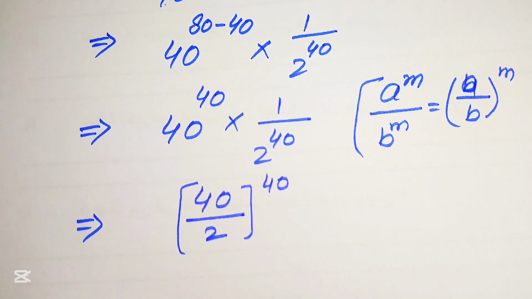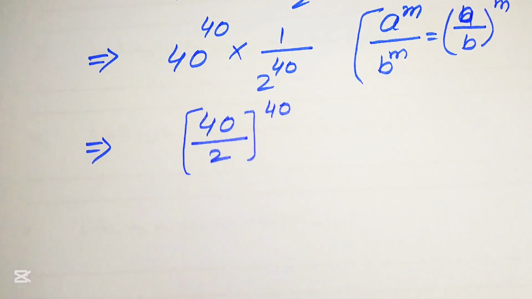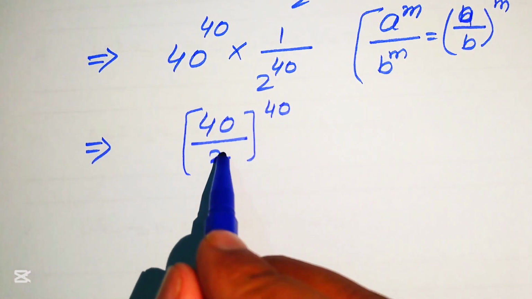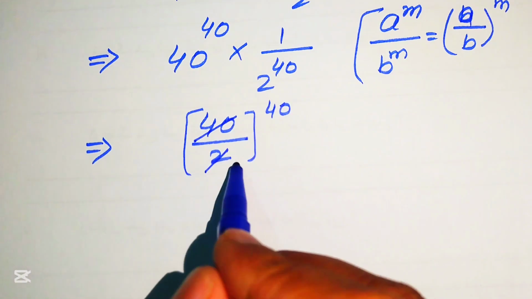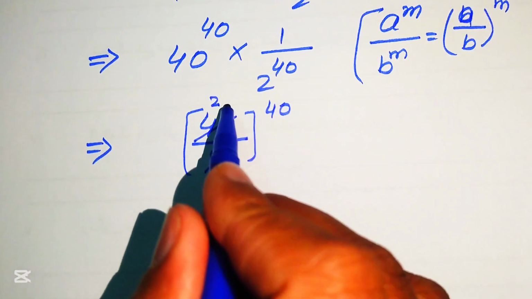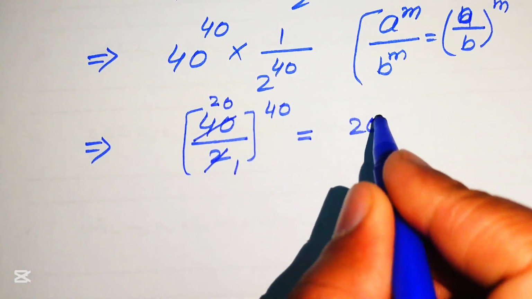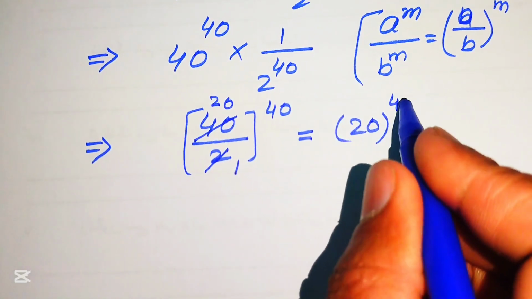Because we will write the answer in the simplified form, you see that these two values cancel each other. Then 2 ones are 2 and 2 twos are 4, so this is 0. So this is equal to 20 to the power of 40.